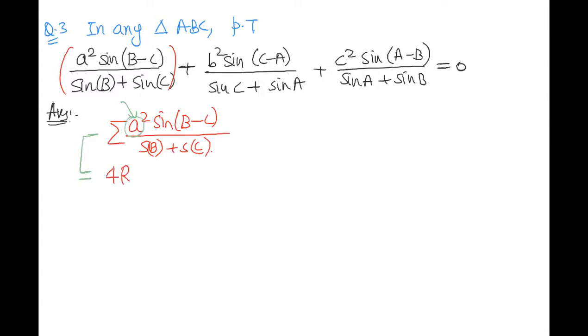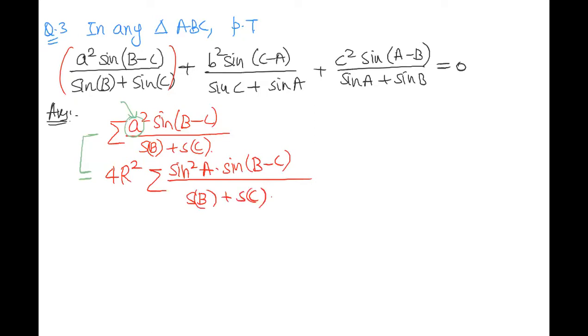So 2R whole square, 4R square, I am taking out. This will be sine square A into sine of B minus C divided with sine B plus sine C.